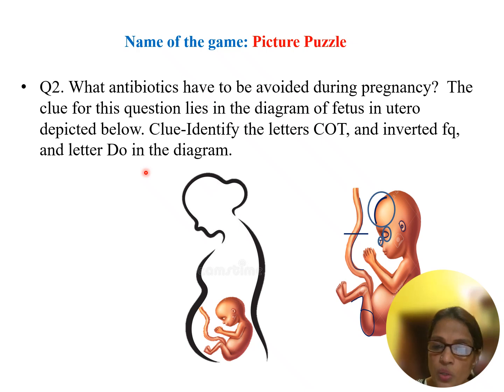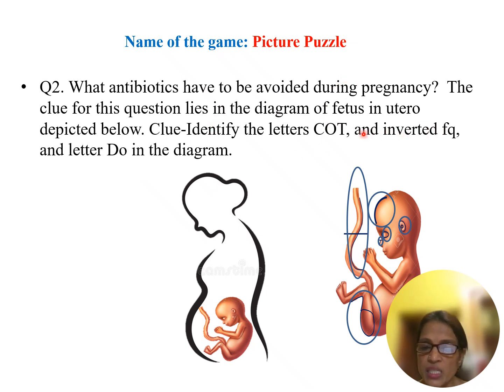So cotrimoxazole cannot be used during pregnancy. Now we have DO represented on the ear, a big D and a small O. So that is doxycycline. So doxycycline cannot be used during pregnancy. Now this is an inverted F and inverted Q. FQ represents fluoroquinolones. So these are the three antibiotics which need to be avoided during pregnancy: cotrimoxazole, fluoroquinolones, and doxycycline.